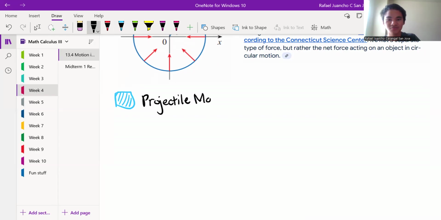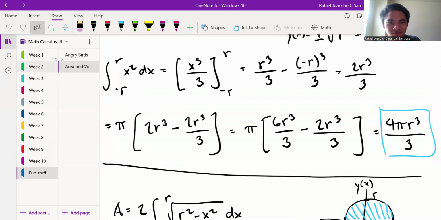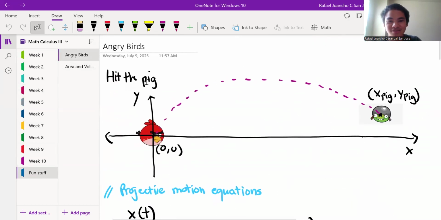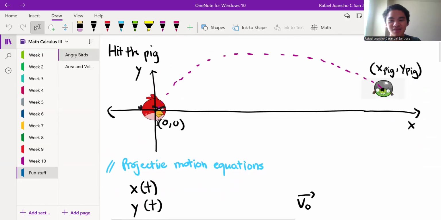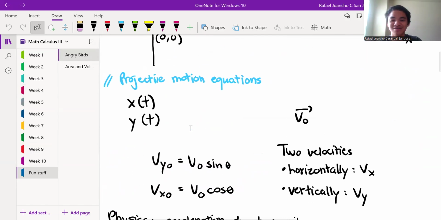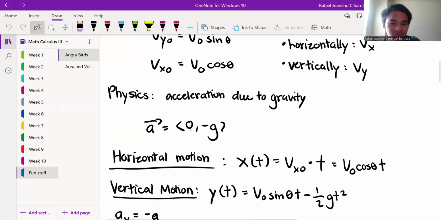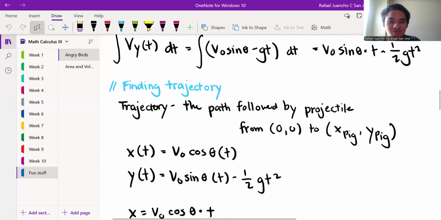I actually made a video where I did something with projectile motion with Angry Birds. I'm going to show it. You can check one of my videos in calculus, and I did a part one and part two of this. The idea is we want to use projectile motion equations to hit this Angry Bird to the pig, wherever the pig is, assuming there aren't any obstacles.